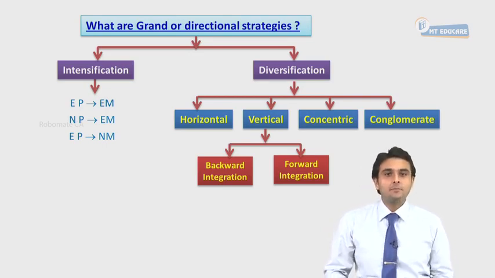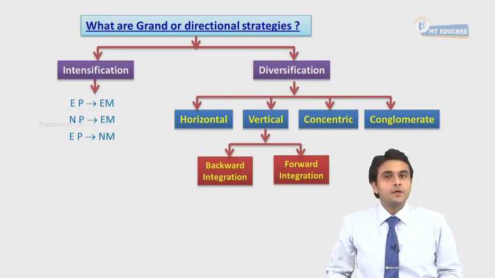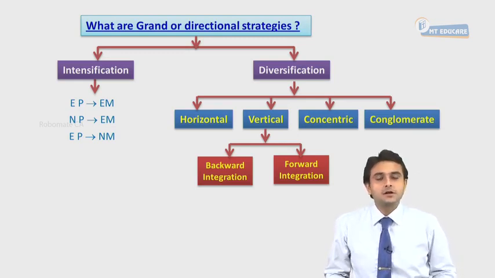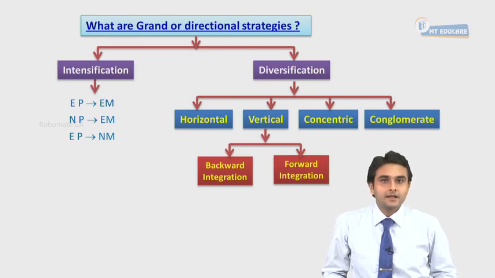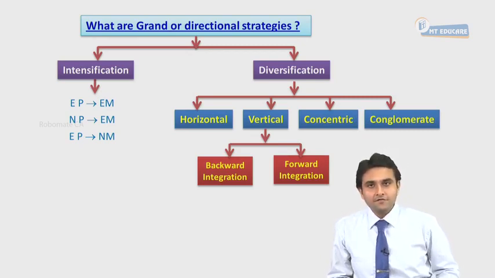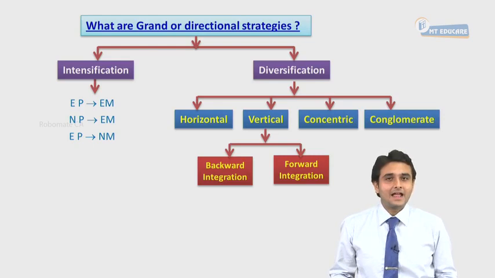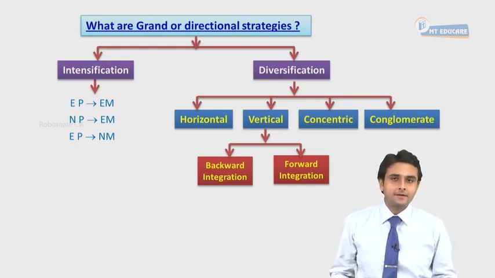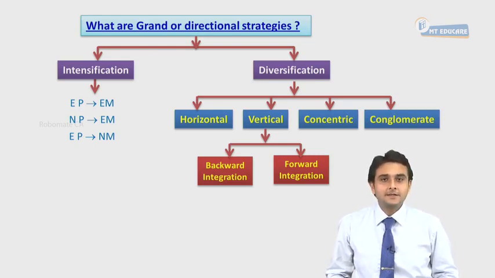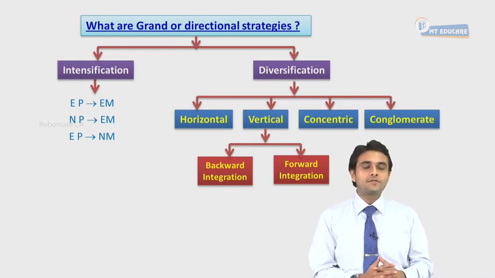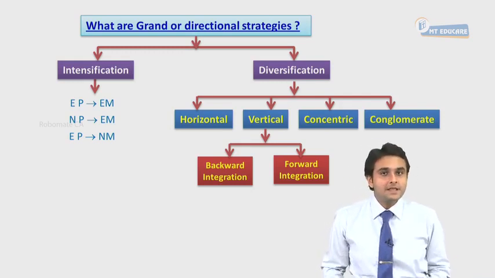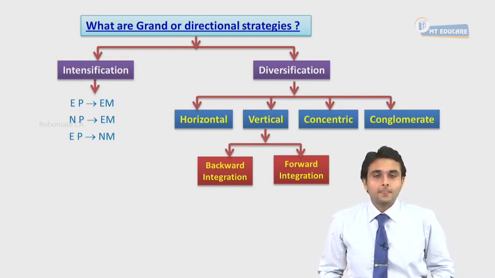Now, a simple example of a combination strategy will be where MT Educare, which was earlier into preschool coaching, which is the playgroup and nursery under the brand name Little Tigers, gave off that business and got out of that business, and obviously the money that came from there was invested in its current business. So, if we have to take an example of selling of that business, that will be a retrenchment strategy.